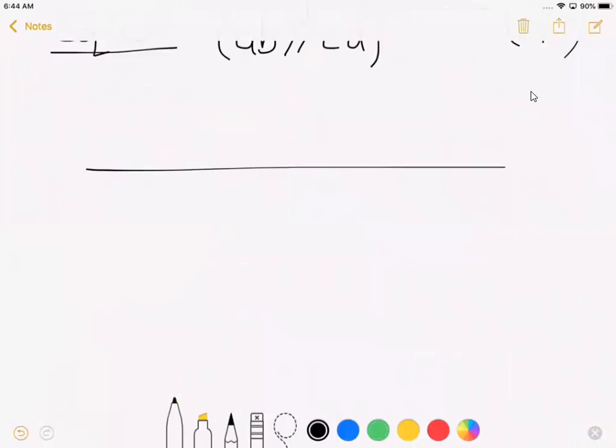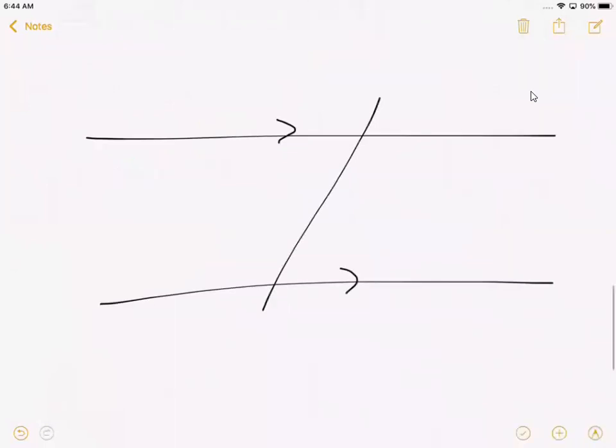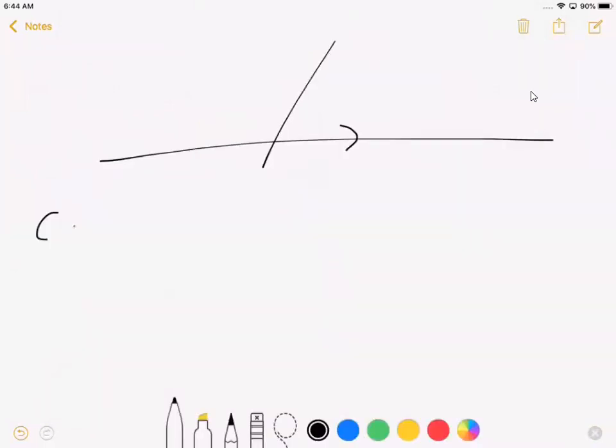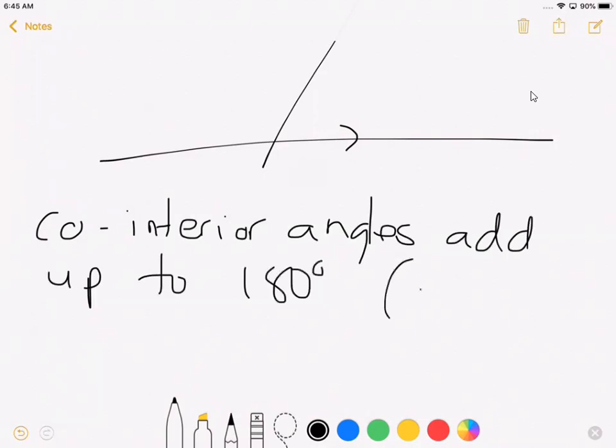Then the last one, we want to talk about the co-interior angles. Co-interior angles, in this case they are not equal. Co-interior angles add up to 180 degrees only if there are parallel lines.